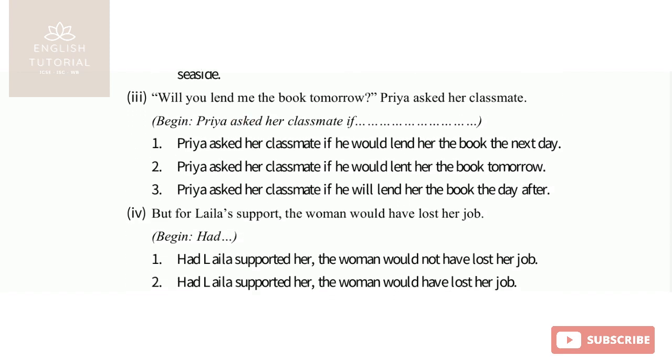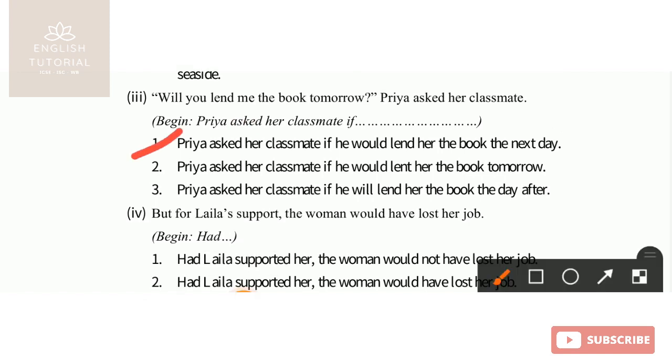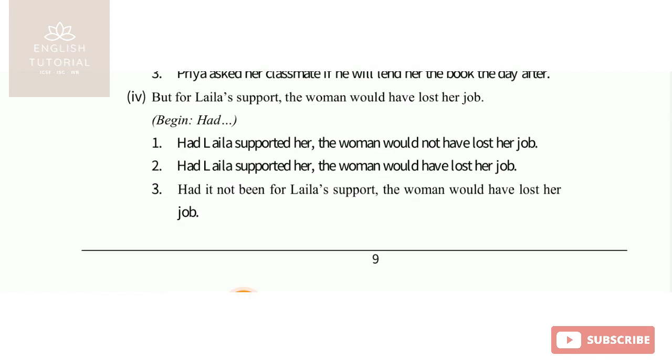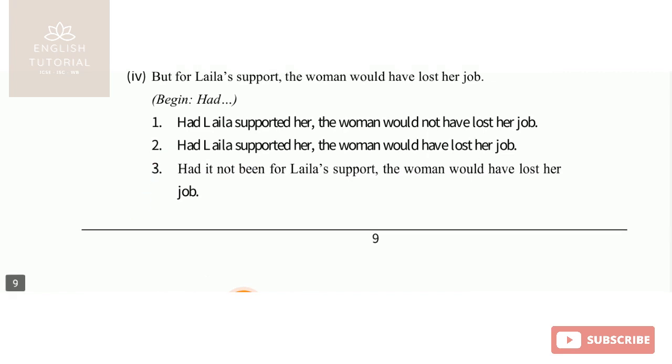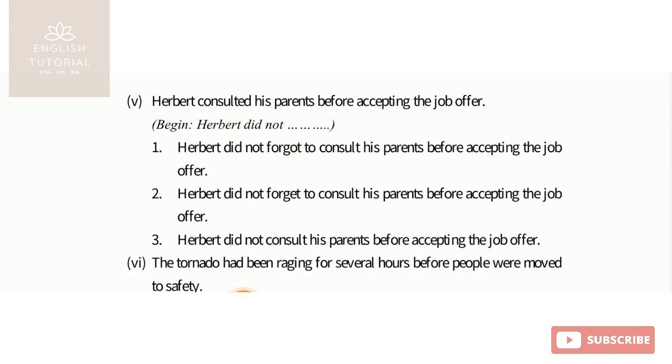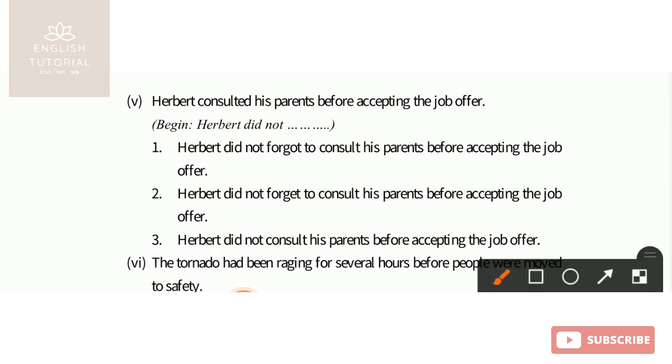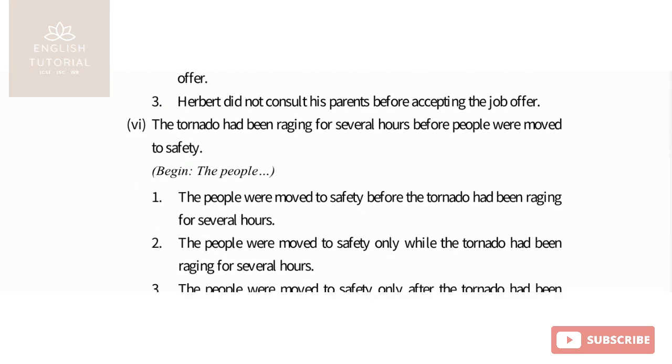Okay, 3 will be 1. 4 will be 3. Okay, and 5 will be 2. Then 6.